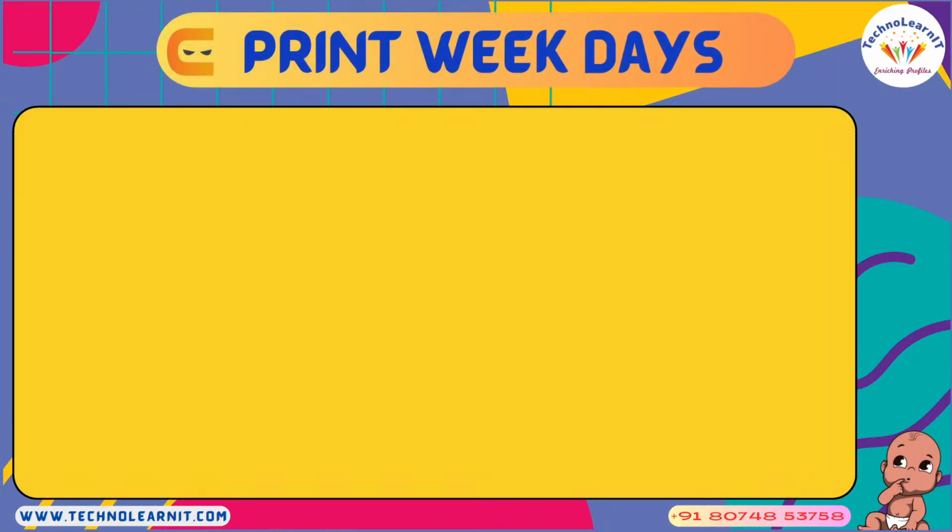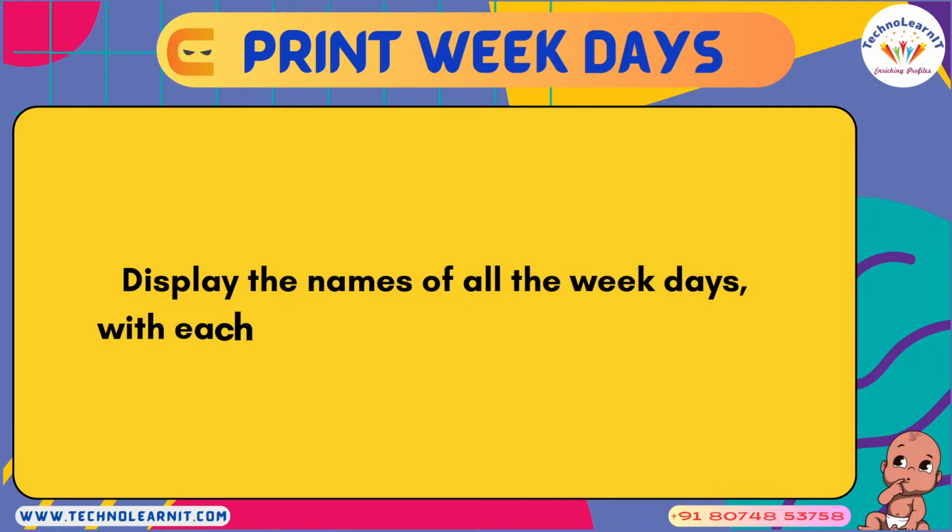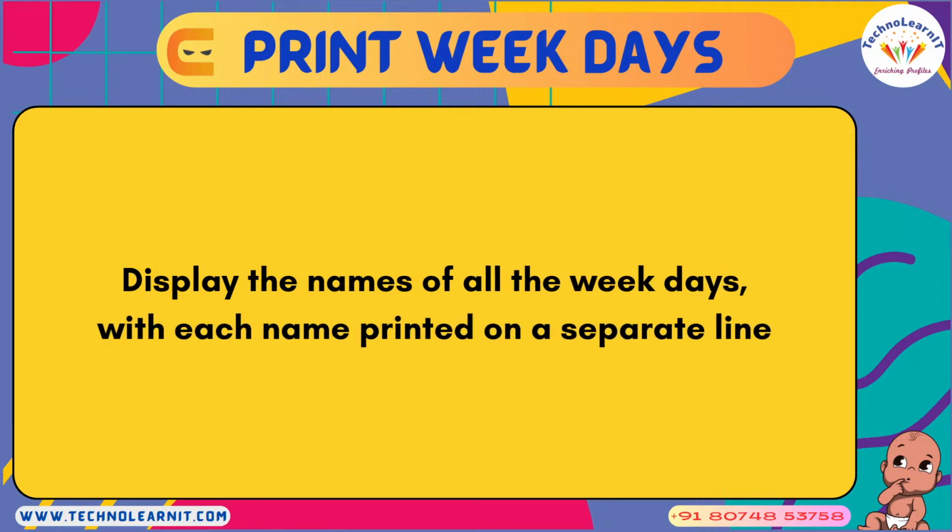The very first program that we are going to practice is printing the weekdays. Here is the problem description: display the names of all the weekdays with each name printed on a separate line.